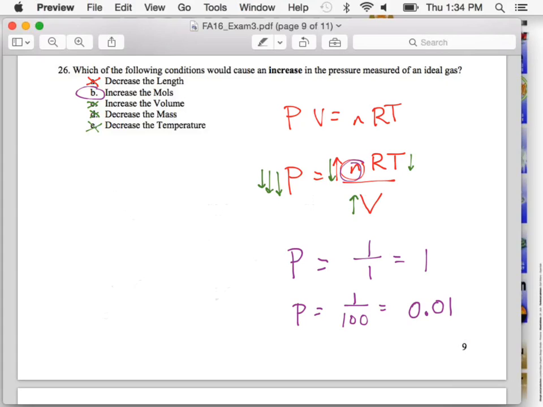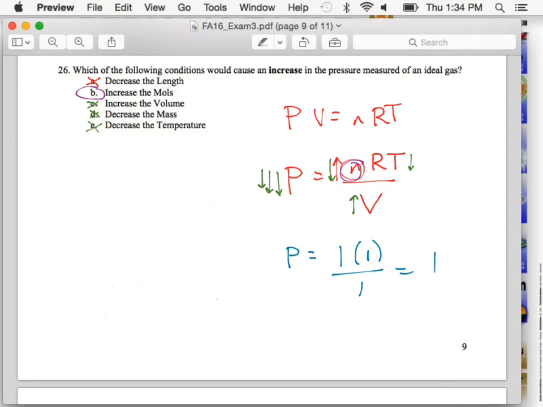If that value gets bigger, we can do the same kind of quick substitution we did before. Pressure equals moles, let's pick a mole value, 1, times R times T, which we'll say is 1, over volume, we're just going to pick 1 liter, 1.